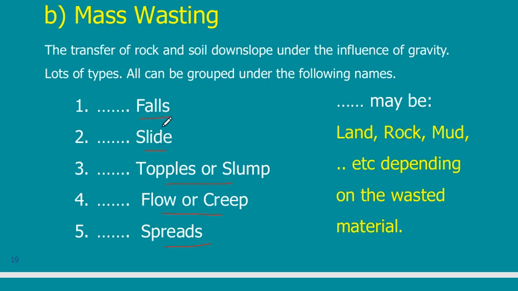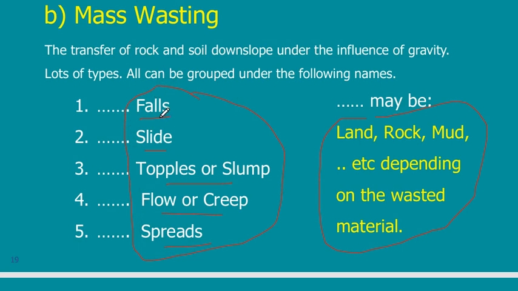Rock falls, it is okay. Rock topples, it is okay. Mud flow or mud creep or any rock spread. All of these, they do not depend on the material, they depend on what happened to the material. So what happened to the material in case of mass wasting?